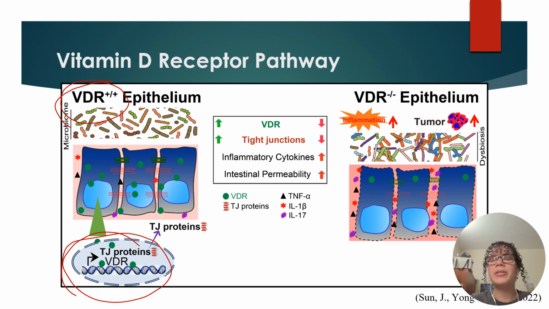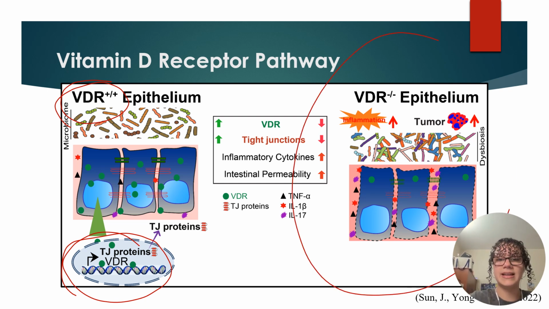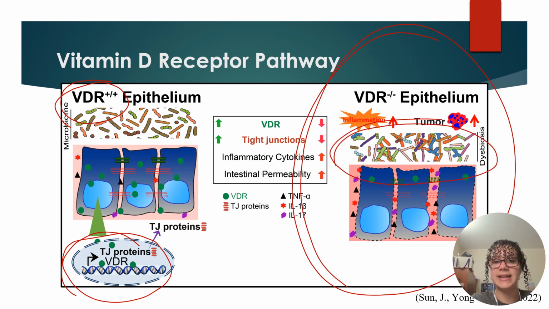When the vitamin D receptor is not expressed, as indicated on this side, there is intestinal microbiome dysbiosis, as indicated here. The problem is, when there is a lack of VDR, for some reason that's still unknown, there is a decrease in the anti-cancer response.